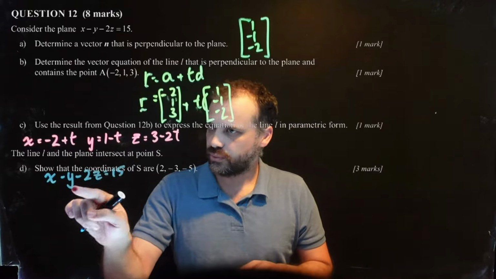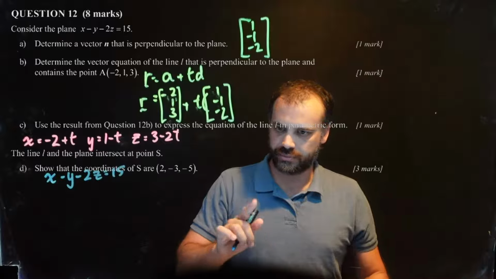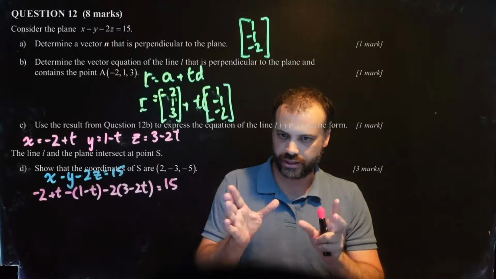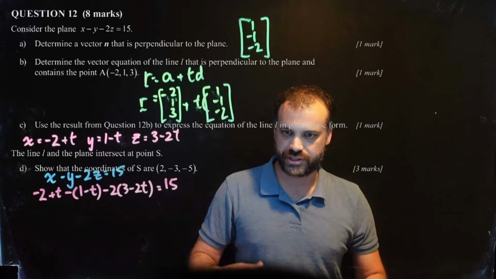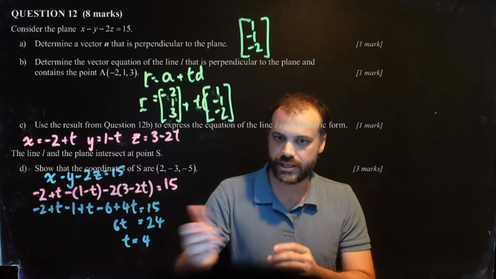This I can sub in for y, and this I can sub in for z. So I'm going to put that there, and that there. Now we're just expanding it and solving it for t. I think anyone can expand that and solve for t. So t equals 4.